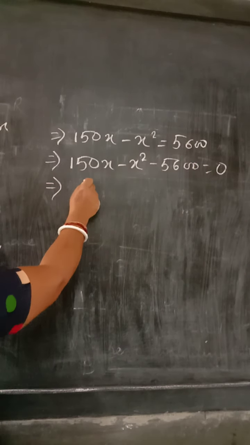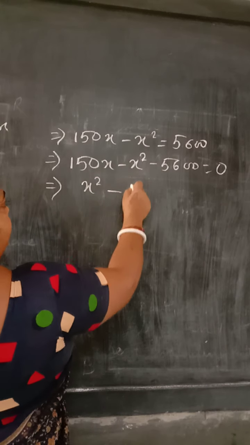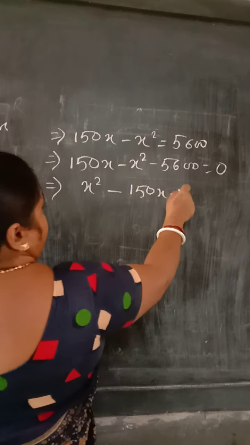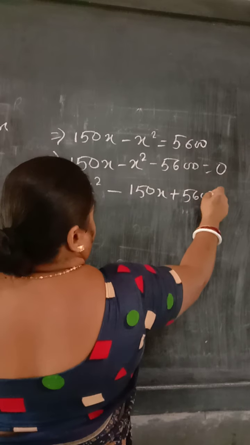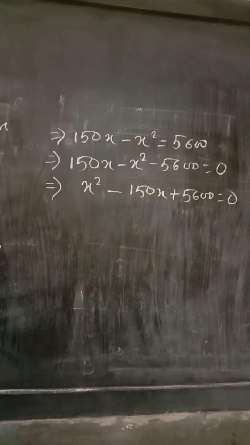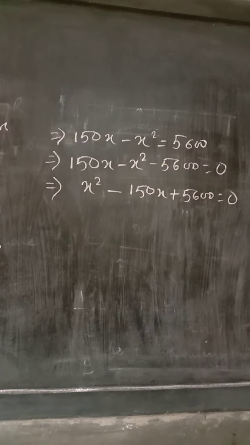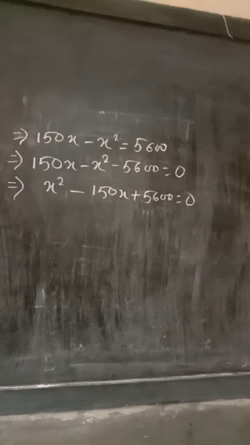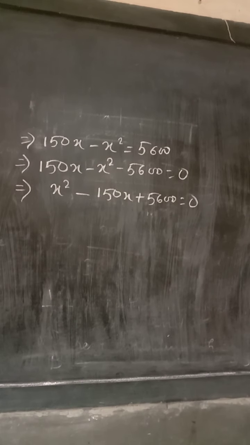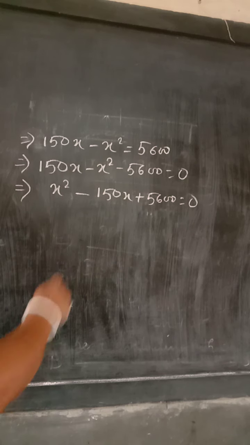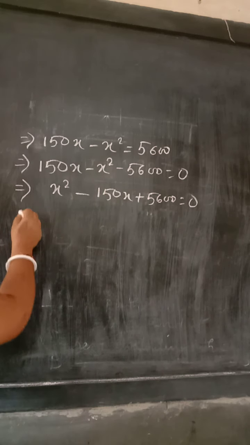Or may I arrange and change the sign? You can see it was 150x as positive. I have converted it to negative, and minus x square and minus 5600 are converted to positive. Though it was negative, I have interchanged the sign. Is it?